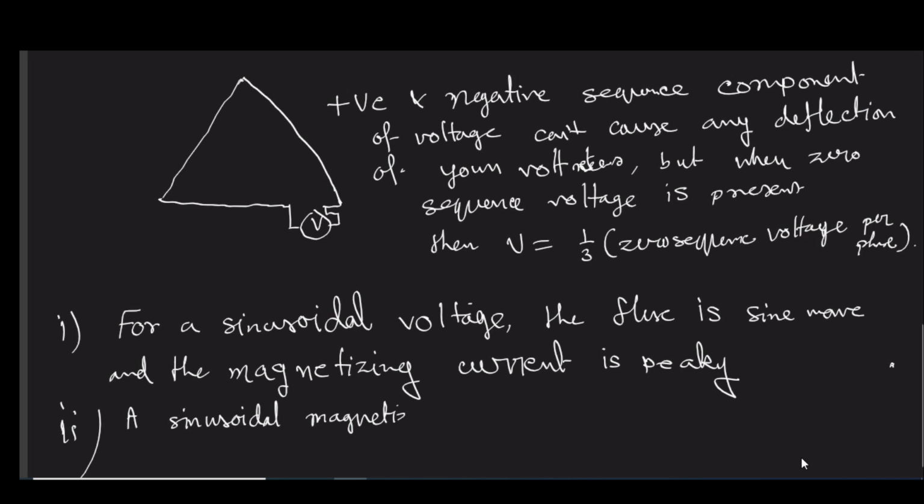A sinusoidal magnetizing current will flow, because there is no path for the third harmonic current. So how can the third harmonic current flow through your winding? Therefore, the current that is drawn from your source will be sinusoidal in nature. However, that sinusoidal magnetizing current will create what? The flux wave will become a flat top.